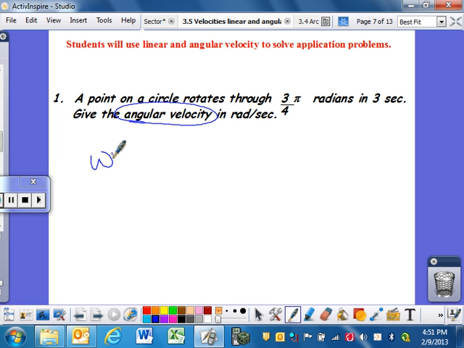Okay, so I see angular velocity as what I need as an answer. So instantly I should say omega equals theta over t. I know my angle is 3 pi over 4, divided by my unit of time, which in this problem was 3 seconds. And now I have to figure out how to actually divide that. It's kind of like the Titanic 2-deck thing.